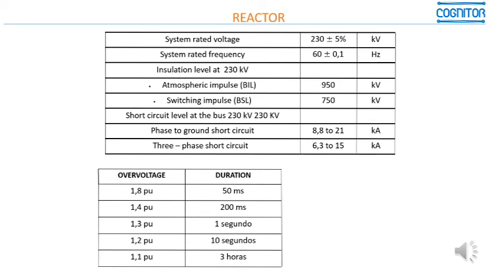You see here that it is a system with a rated voltage of 230 kV, and in the lower part you may see that for this transformer, one overvoltage curve versus duration is specified: 1.8 per unit during 50 milliseconds, 1.4 per unit during 200 milliseconds, 1.1 per unit for 3 hours.